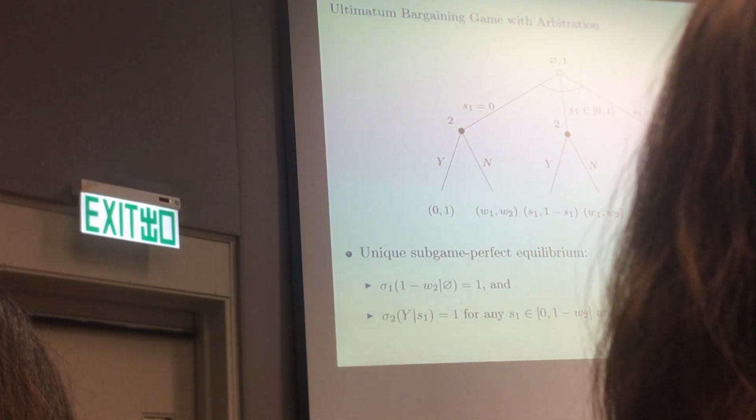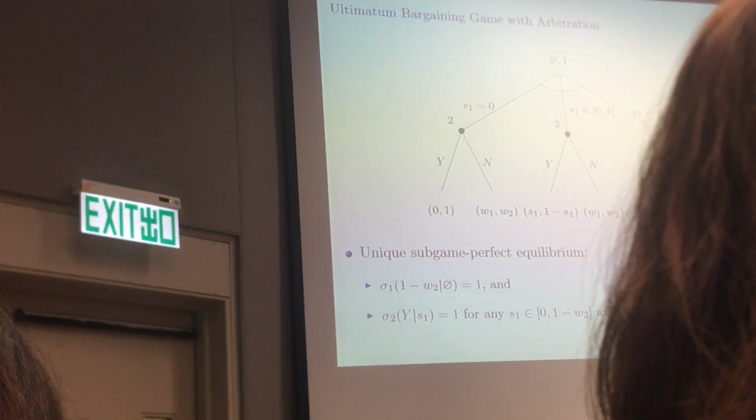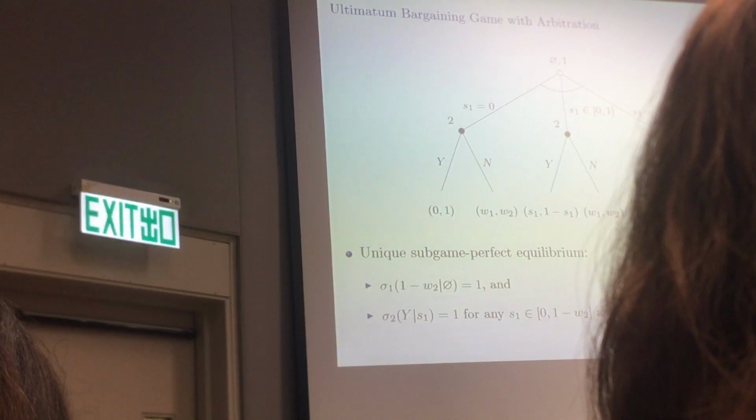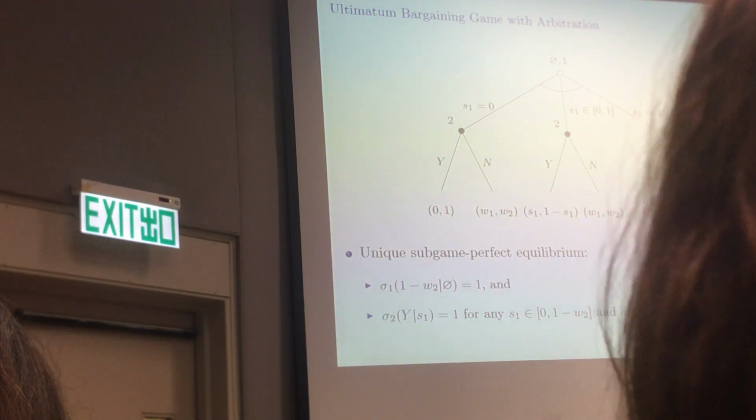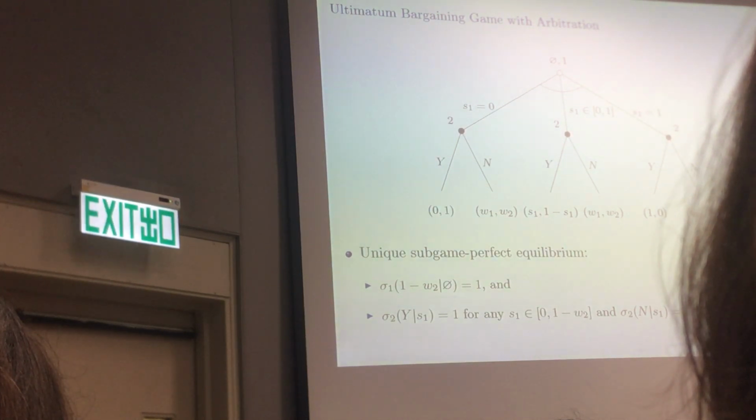Let me be precise. If player 2 randomizes when S1 is equal to 1, then we saw that for the ultimatum bargaining game without the arbitration process, there is no such equilibrium.